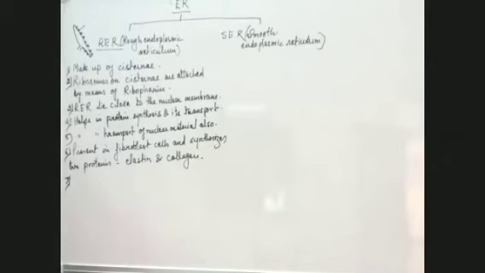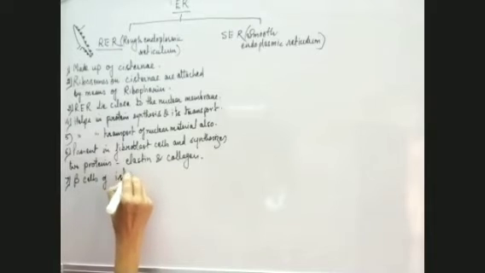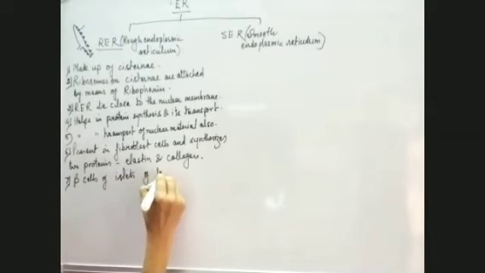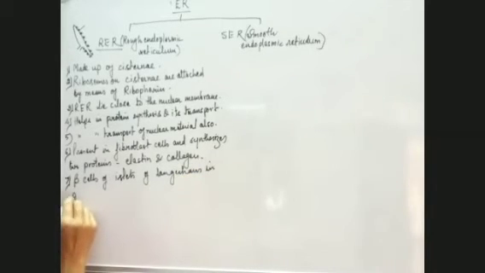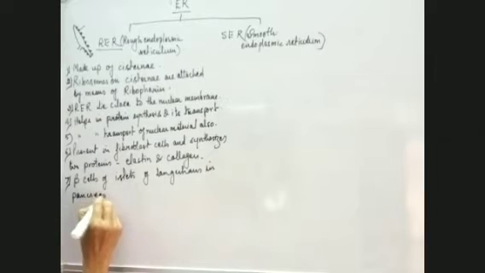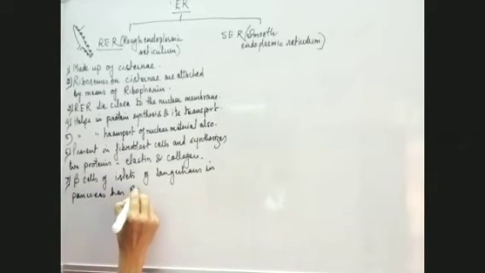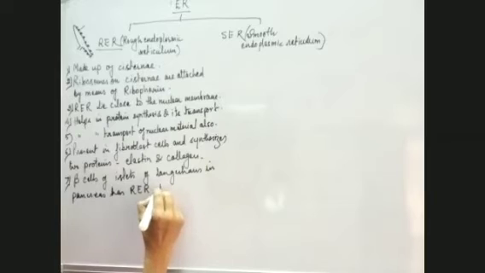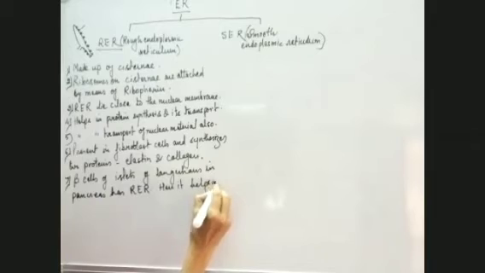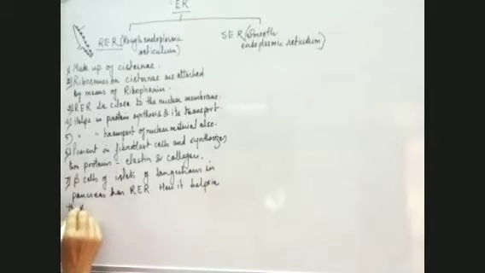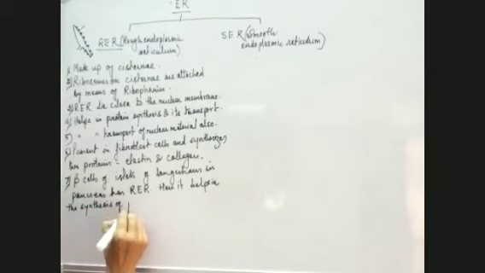So I write here: beta cells of islets of Langerhans in pancreas, as RER.